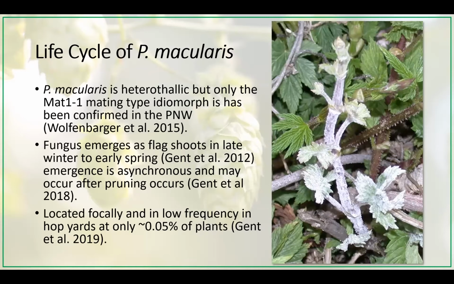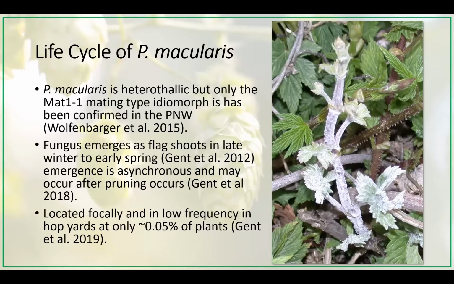So Podosphaera macularis is heterothallic, but it only has the MAT1-1 mating type idiomorph, which has been discovered in the Pacific Northwest. As I said, it emerges as a flag shoot in late winter to early spring, and you can see that over on the picture on the right.